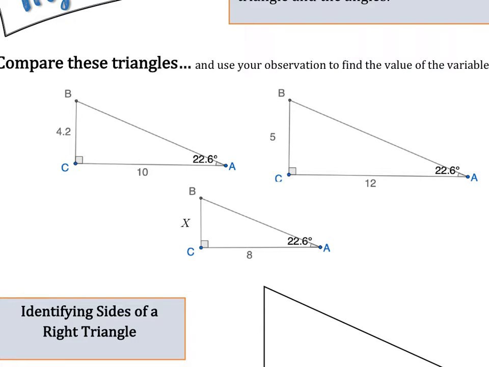So these are similar triangles as we've learned, and they're similar by angle similarity. So they all have the same ratio of sides. Since they have the same ratio of sides, we should be able to find this x like we've done in the past. We know 5 is to 12 as x is to 8.